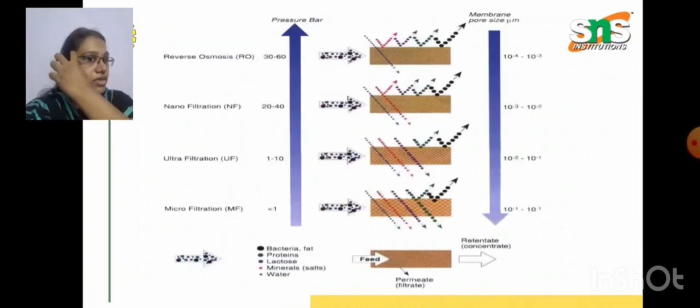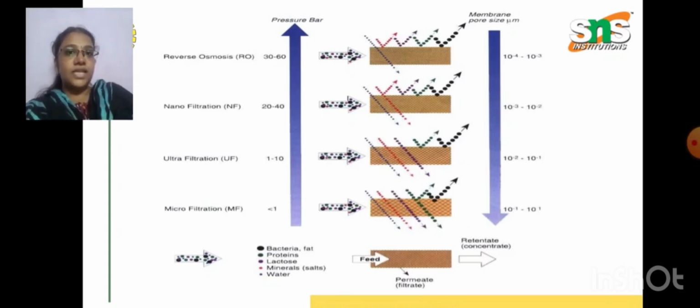So coming to this picture, where they have discussed the various types of membrane, that is the generation process, based on the type of filtration method, that is either microfiltration, ultrafiltration, nanofiltration, or reverse osmosis.